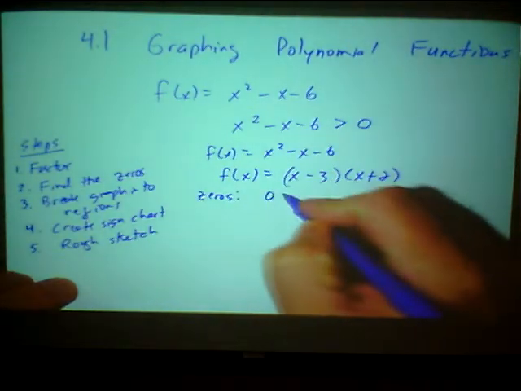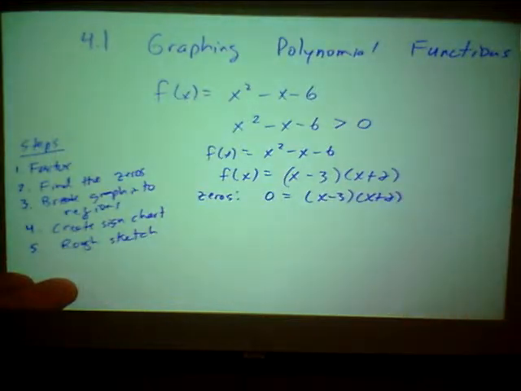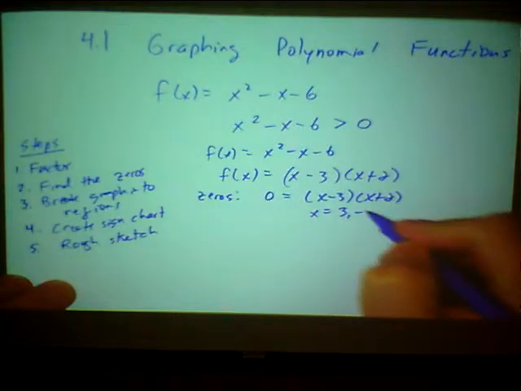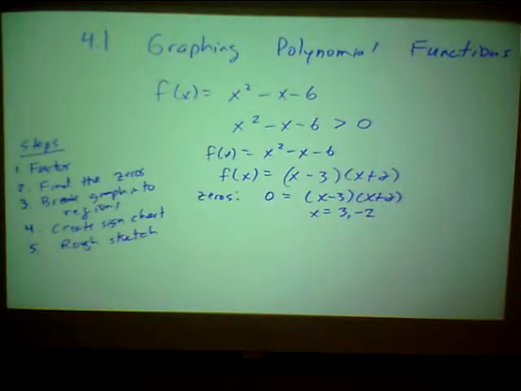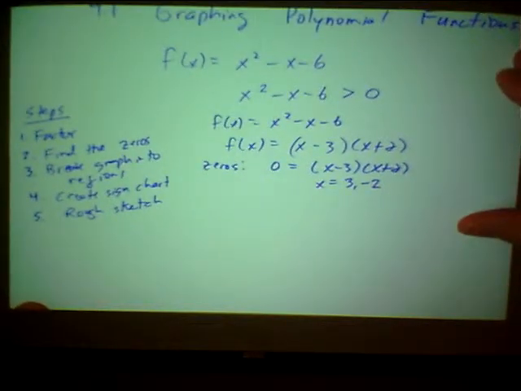So for the zeros, I'm going to solve this equation. And this one is pretty straightforward. The zeros of x are going to be 3 and minus 2. Now those are going to be the two values of x that I use for my graph to break it up into regions.